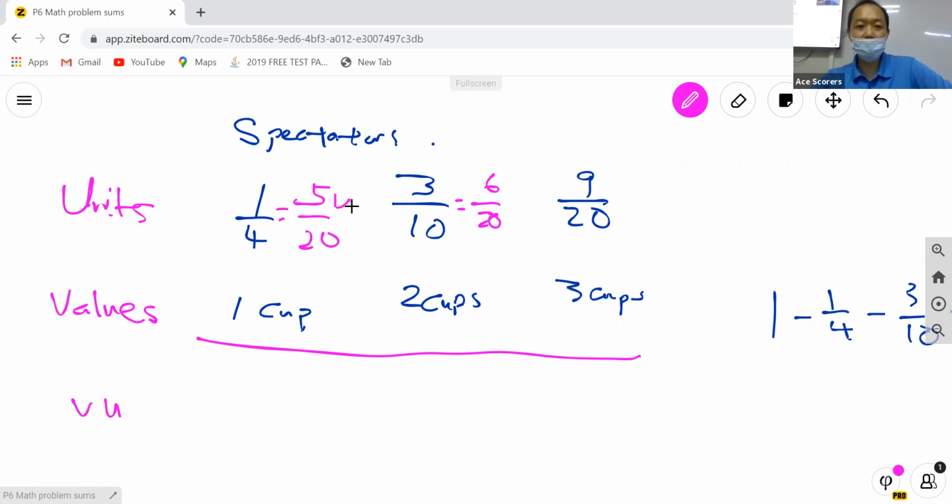This 5U, 6U, 9U. What's 5 times 1? 5. 5VU. Then what is 6 times 2? V times U, VU. What's 6 times 2? 12 VU. What is 9 times 3?